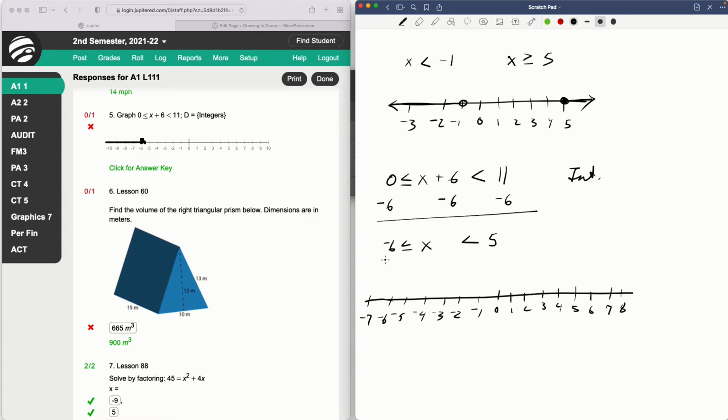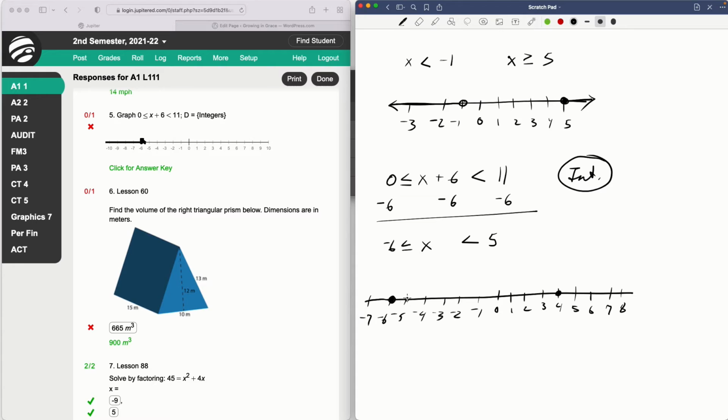So -6 is less than or equal to x. That equal to means that we can draw the dot right there on top of the -6. But our domain is integer, so we're not drawing the line. And x is less than 5, so we can't include 5, so we go to the next integer, which would be 4.